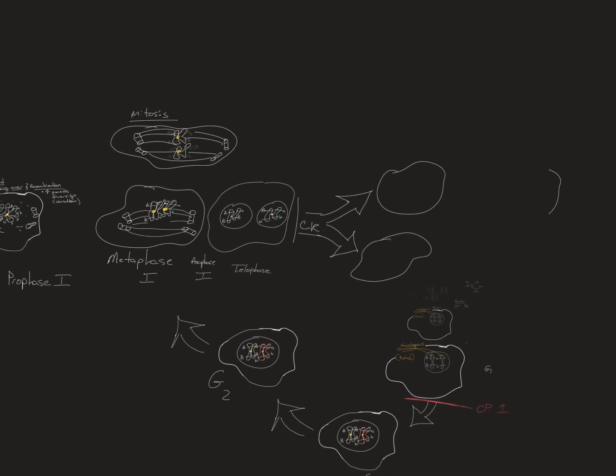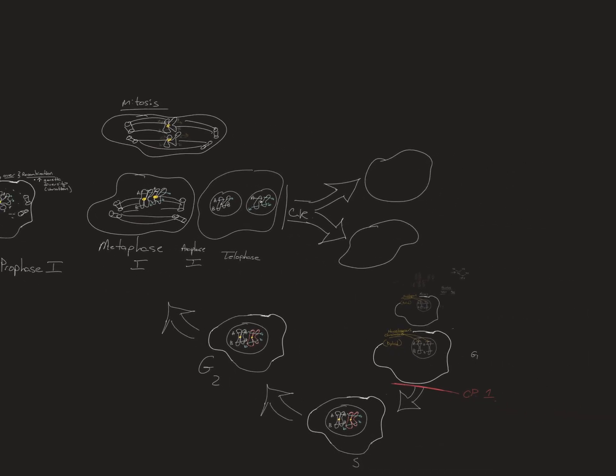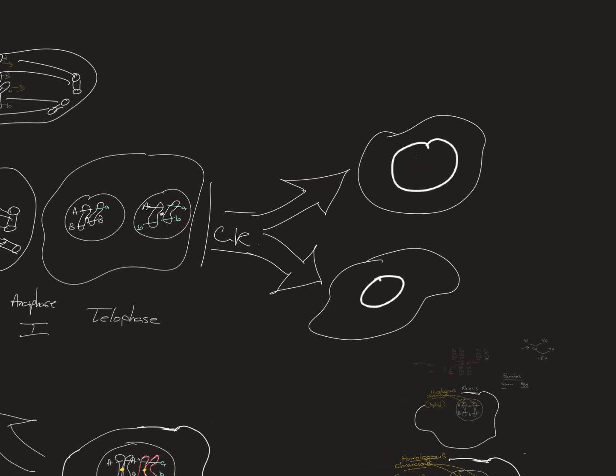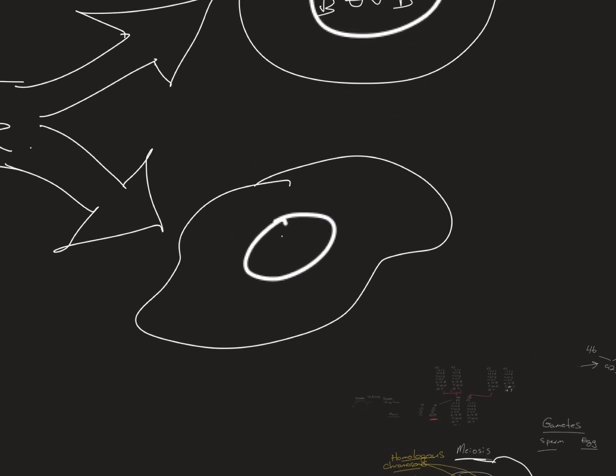So at the end of meiosis 1, you end up with two cells, both with a set of chromosomes that are doubled sister chromatids: one big A, one big B, one little a, one big B. And the same over here, because you separated the homologs.